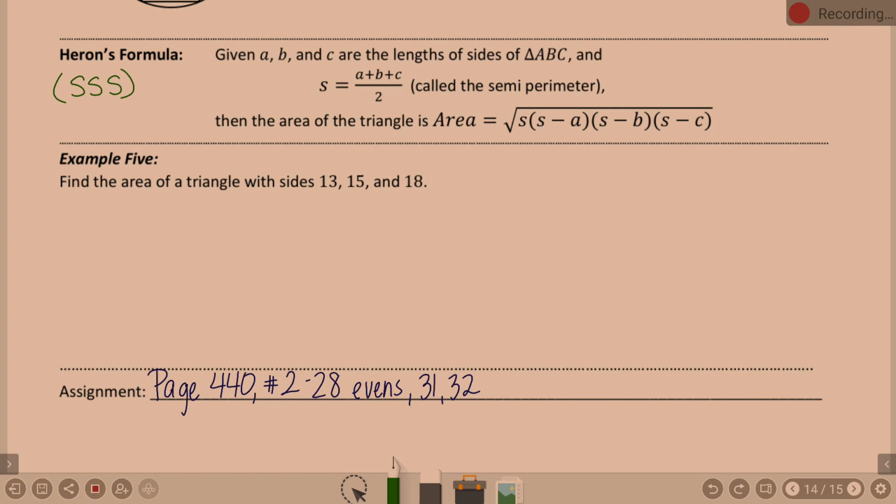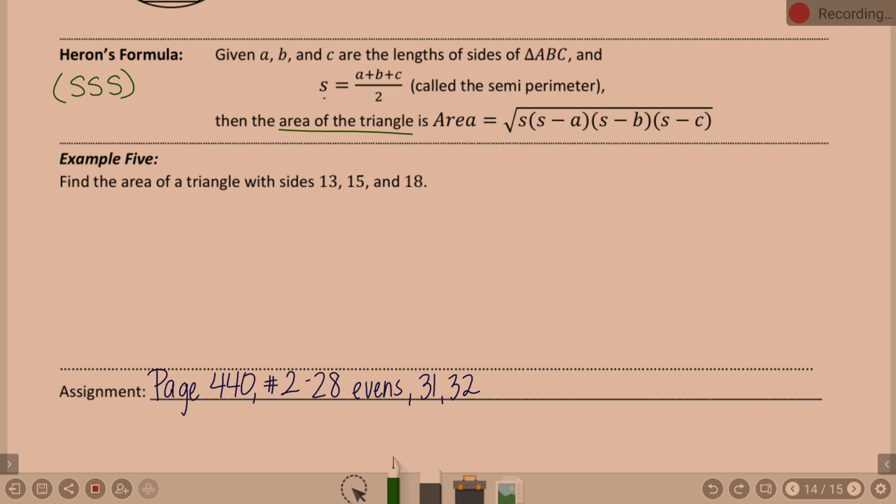Okay, then we have a new area of the triangle formula. And that is area is equal to the square root of S times S minus A times S minus B times S minus C. Where again, S is defined as the semiperimeter and A, B, and C are the sides of the triangle.